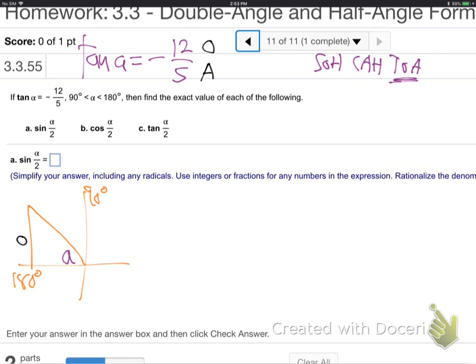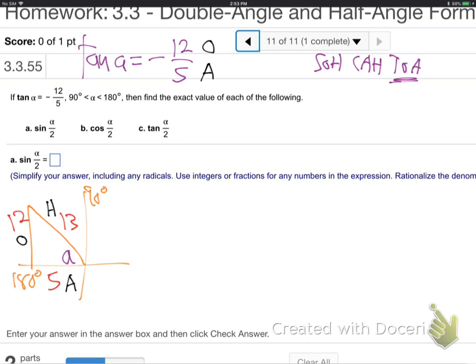So this is the opposite side, adjacent side, and the hypotenuse. Opposite is 12, adjacent is 5. Hypotenuse is going to be 13. Remember 5, 12, 13? Don't even need to do the Pythagorean Theorem if you just remember 5, 12, 13.